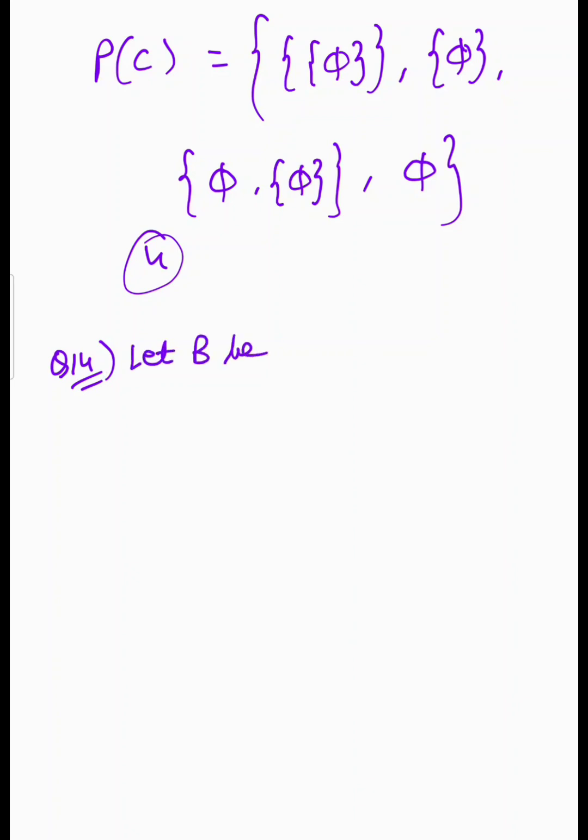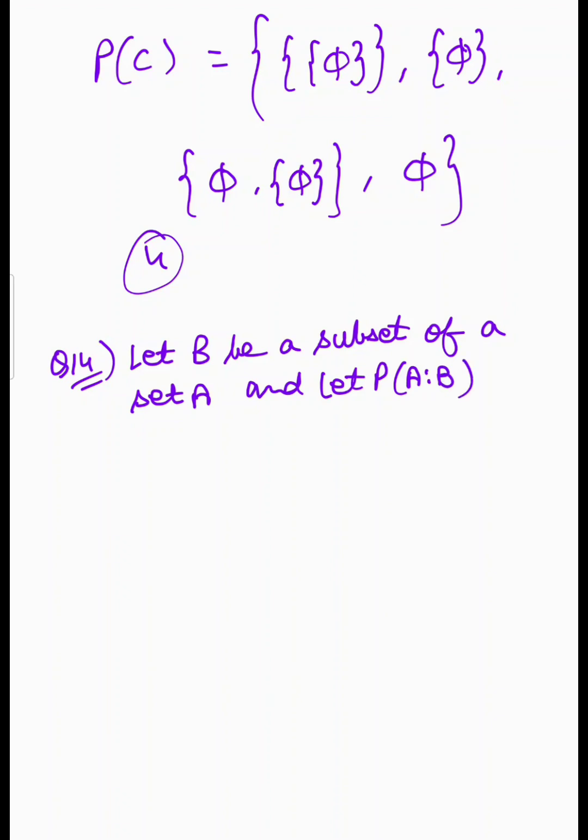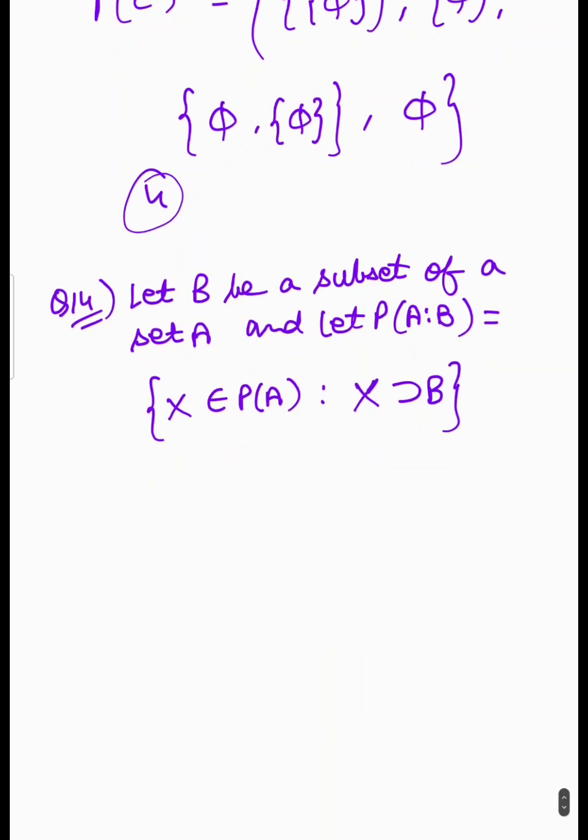Let B be a subset of A and let P A to B is equal to set X which belongs to P of A. Okay, X is an element which belongs to the power set of A, and X is a superset of B. This is given.